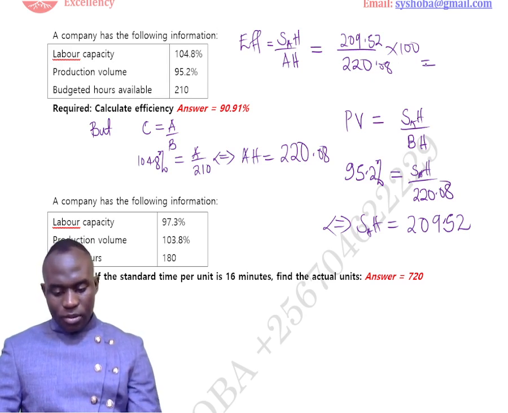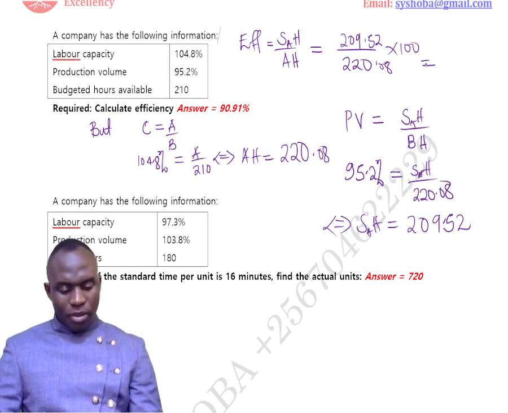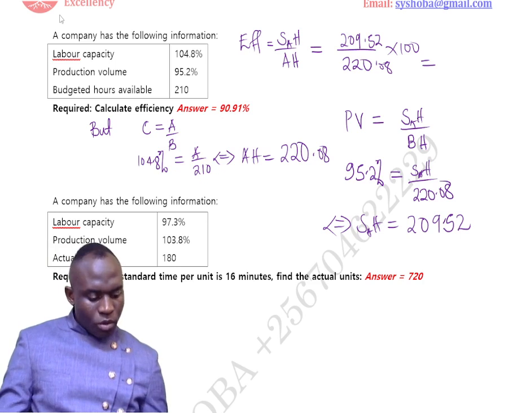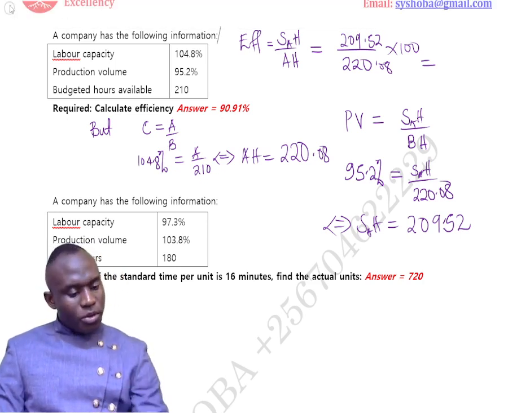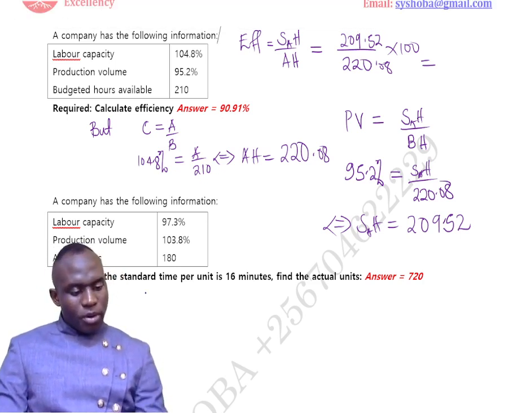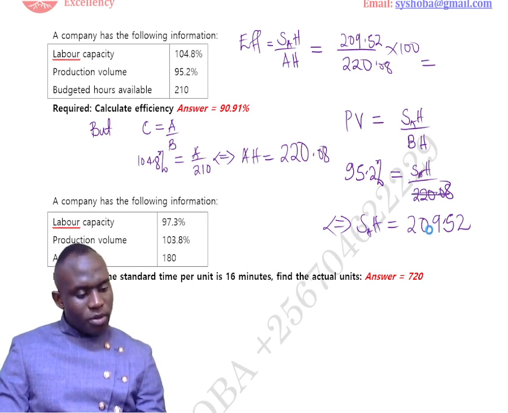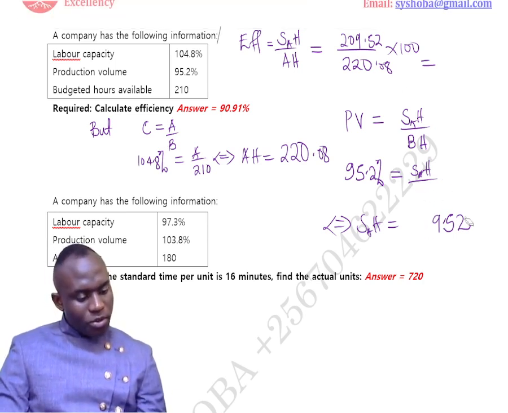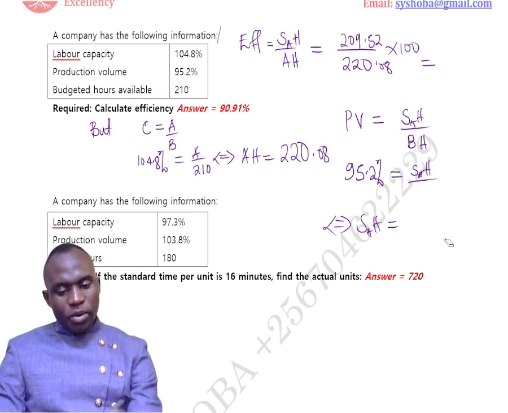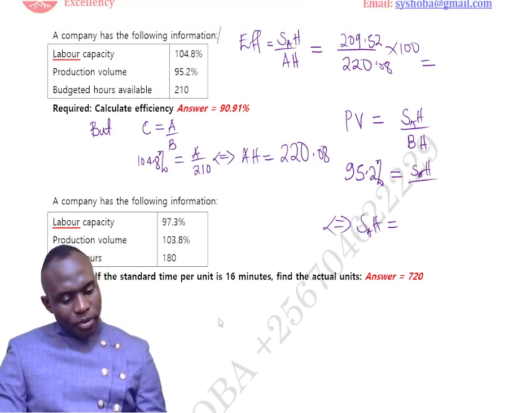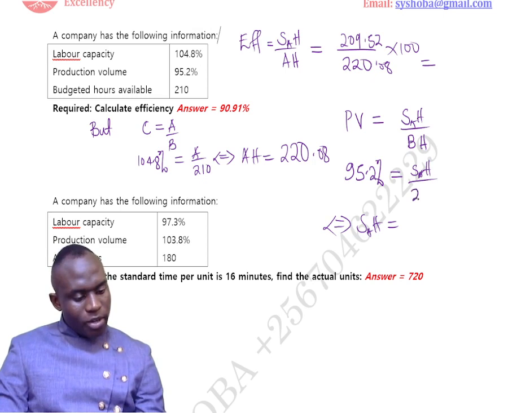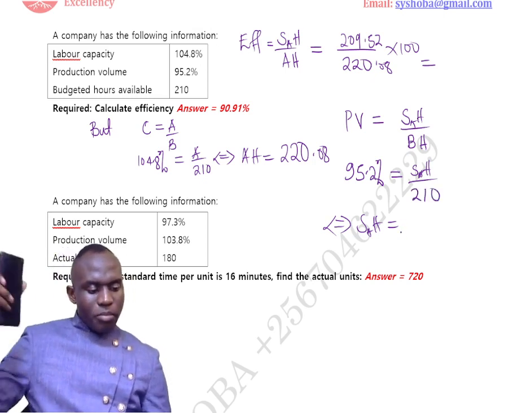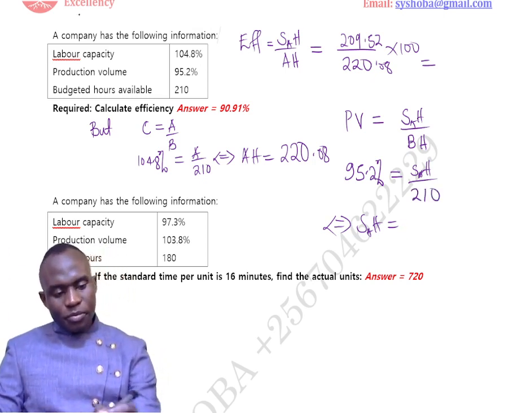Sorry, there is a problem on the calculation of the production volume. So this one, divide by budgeted, not actual. So what were the budgeted hours? Budgeted is 210. So we divide by 210.